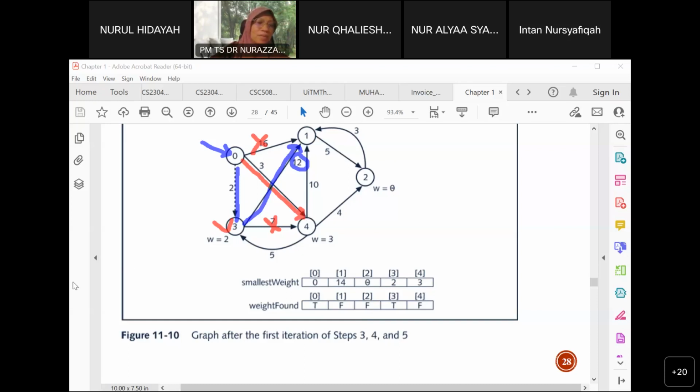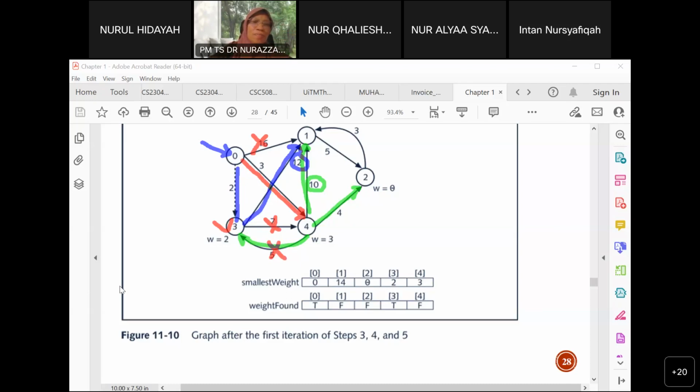From vertex 4 we have another edge that goes to 1, its weightage is 10. From 4 there are 3 edges: 4 to 1, 4 to 2 and 4 to 5. But we don't take this 4 to 5 because its path is bigger. That means if we go 0, 4, 5 it becomes 8, right? So we don't take this one. We already used that one.